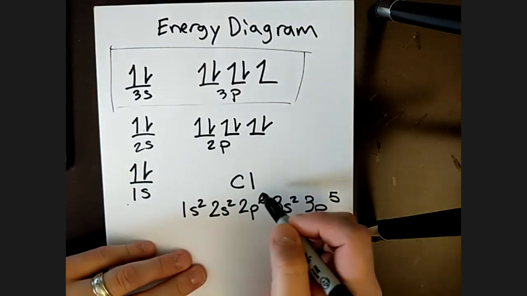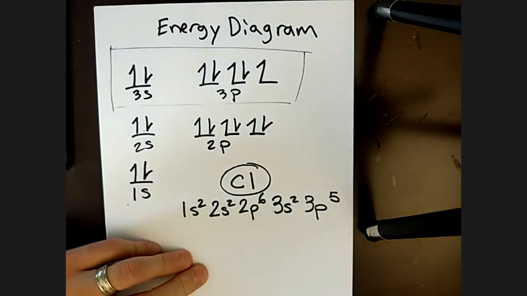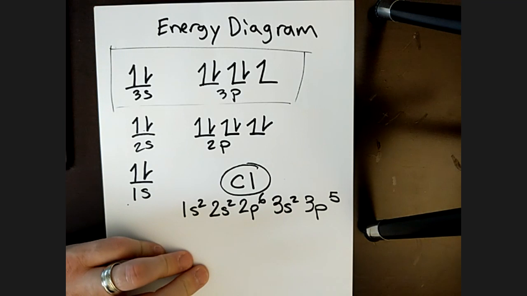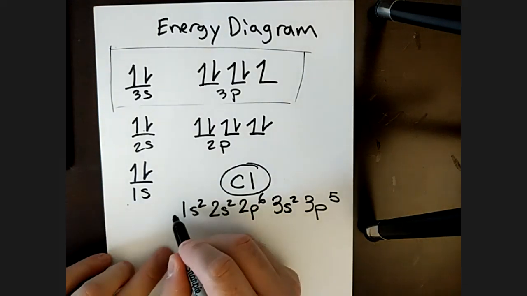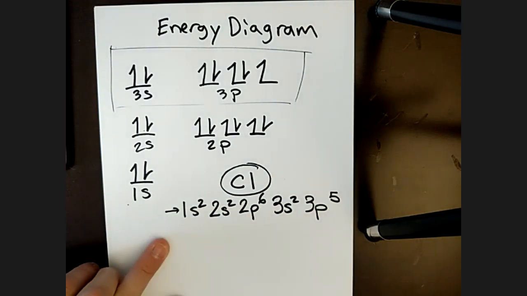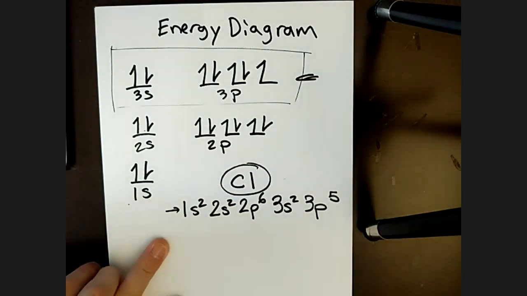So here, you're given the element, right? The question is, what is the electron configuration? Or what is the energy diagram? Okay. Another way that we might see this is like this.